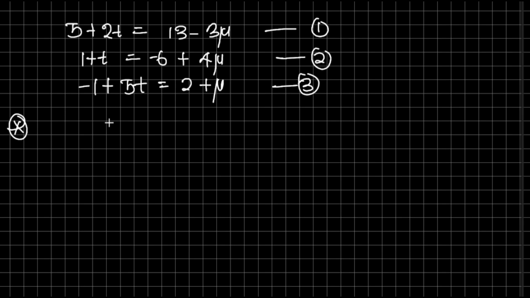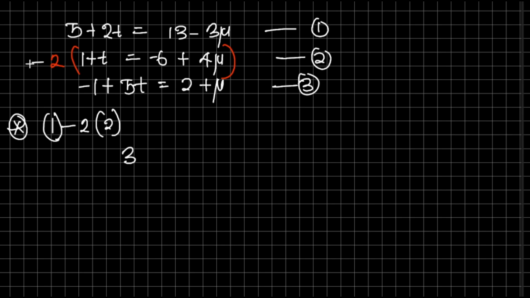So we can eliminate mu, and we'll try to solve some of these parameters. We can multiply this equation by 2 so we can eliminate t. So let's say equation 1 minus 2 times equation 2. That will give us 5 minus 2, which is 3. 2t minus 2t will be 0.